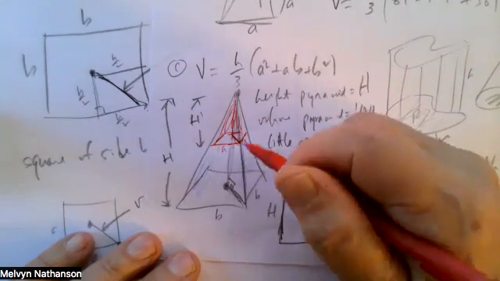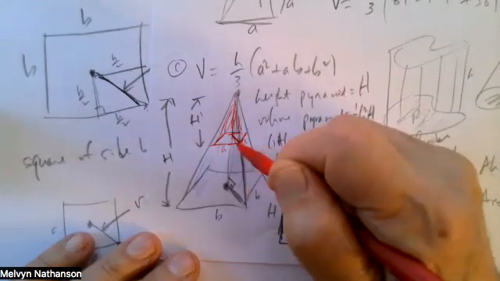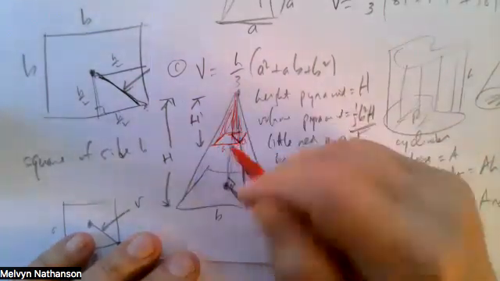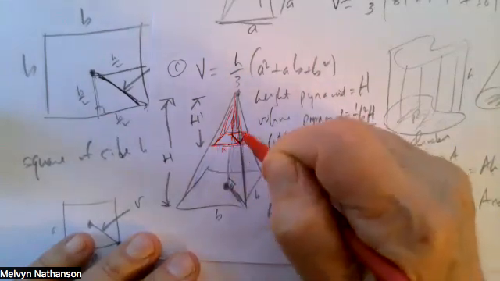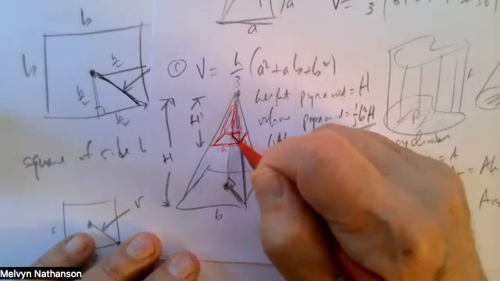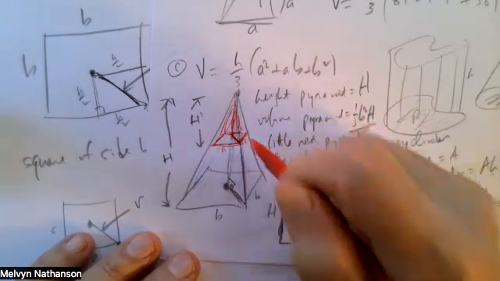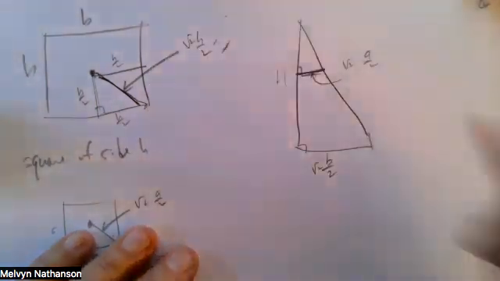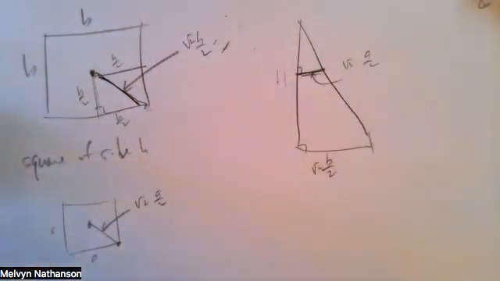I'm making this horizontal slice where the side of the square is A. So in particular, the base of this little triangle is square root of 2 A over 2.